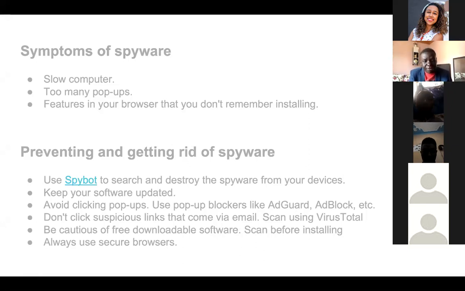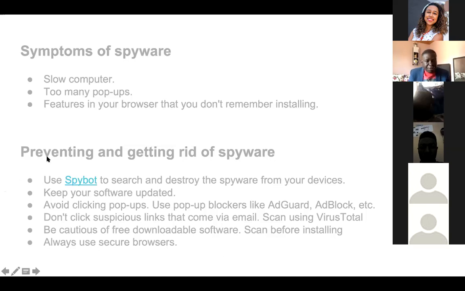Those are signs of spyware because they are designed with different objectives. Some of them are designed to install stuff on your browser, on your device. And there are many others. These are not the only signs, but chances are high if you are experiencing any of these three, then maybe your device has spyware.